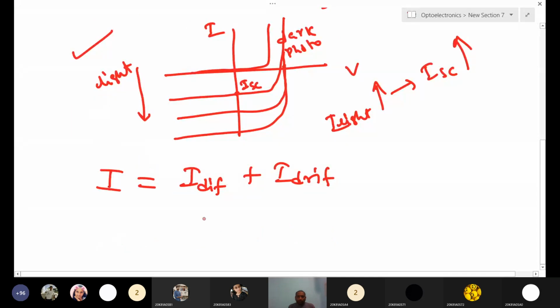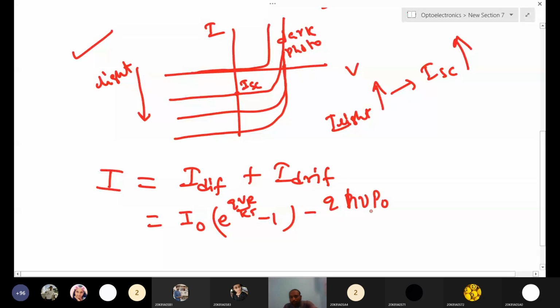Here minus q, eta P0 by h nu. Just a second, I will write this one. One more two things are there, I will explain that also. This is eta P0 q by h nu.